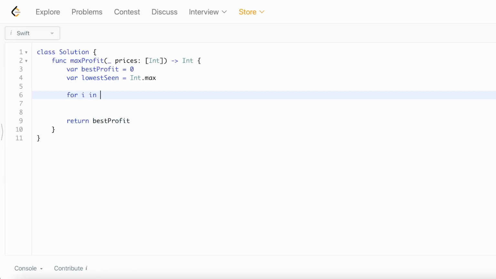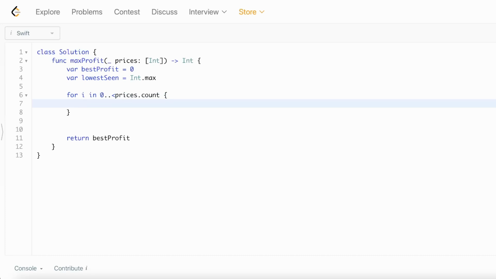And now we're going to loop through the prices that we've got. So we're going to say for i in 0 to less than prices.count. And the profit we are going to calculate is going to be the prices of i, which is the current price, minus the lowest seen.